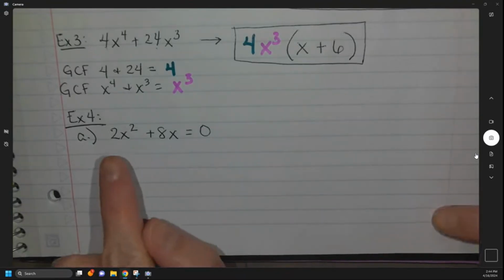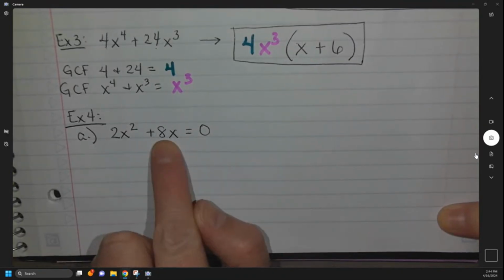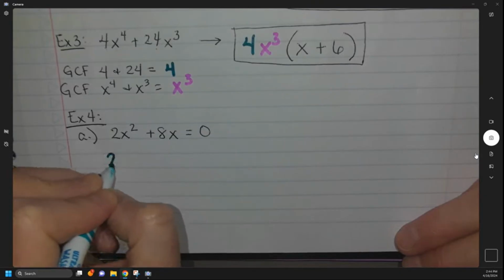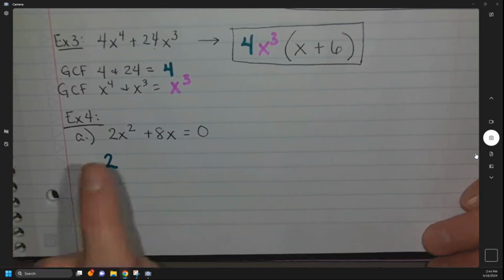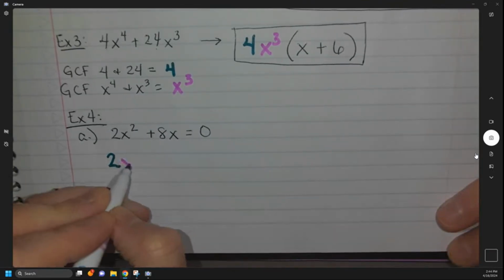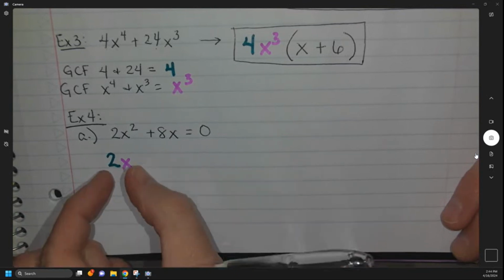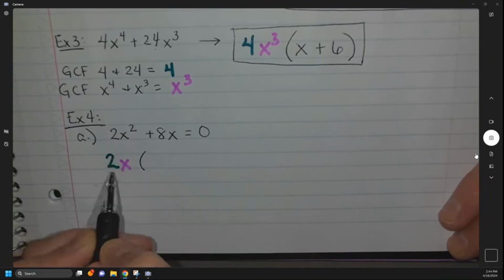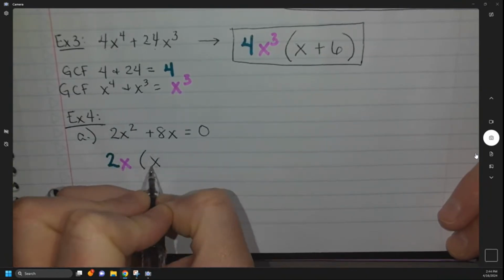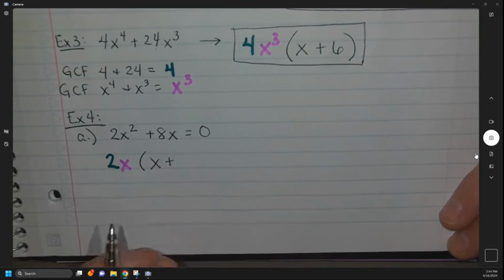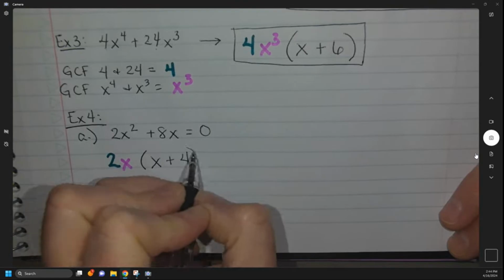What's the greatest common factor for 2 and 8? That would be 2. What's the greatest common factor for x squared and x? That would be x. So 2x together is our greatest common factor. 2x squared divided by 2x leaves me with x. 8x divided by 2x leaves me with 4.